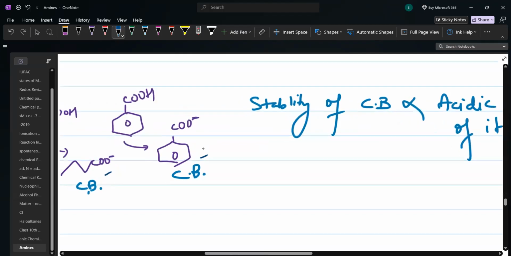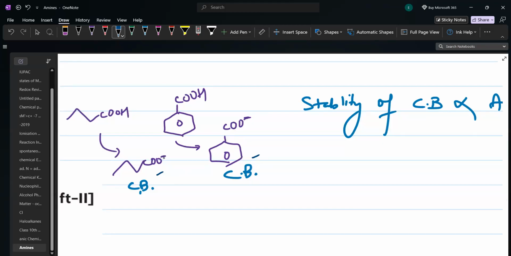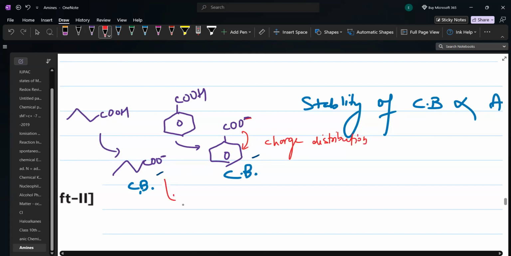Yes, sir. So let's compare which one is more stable. We have COO minus here and COO minus here also. In this case, the negative charge will resonate in the whole benzene ring, so charge distribution is there, and here the charge is localized.